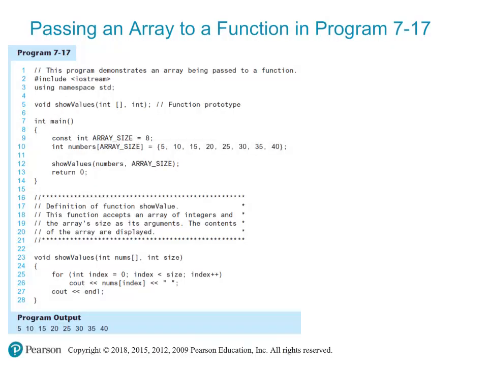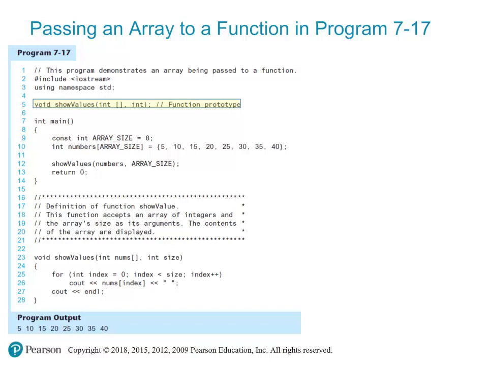This simple program shows how to pass arrays to functions while also providing the array size. When the function receives an array, it's essential to know the array size for iteration and manipulation. This function prototype is declared as void showValues, and we have two arguments.